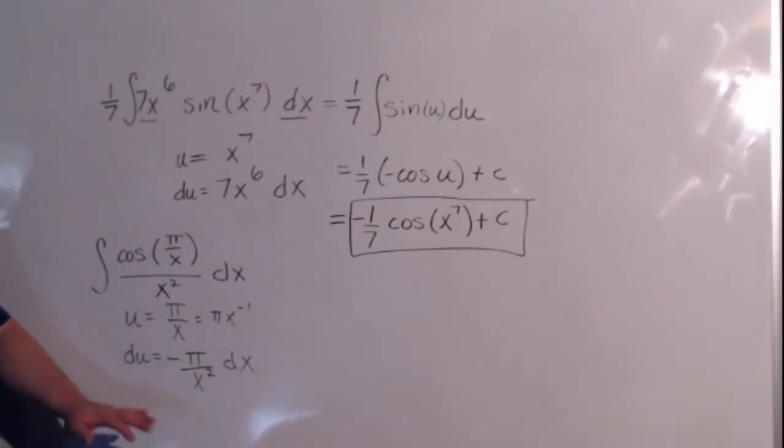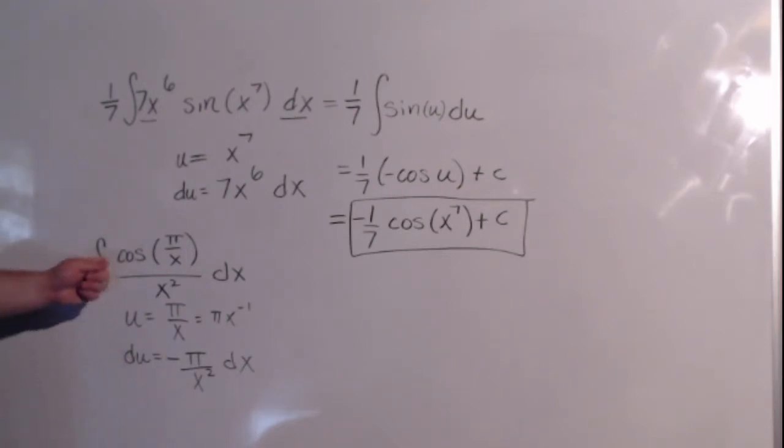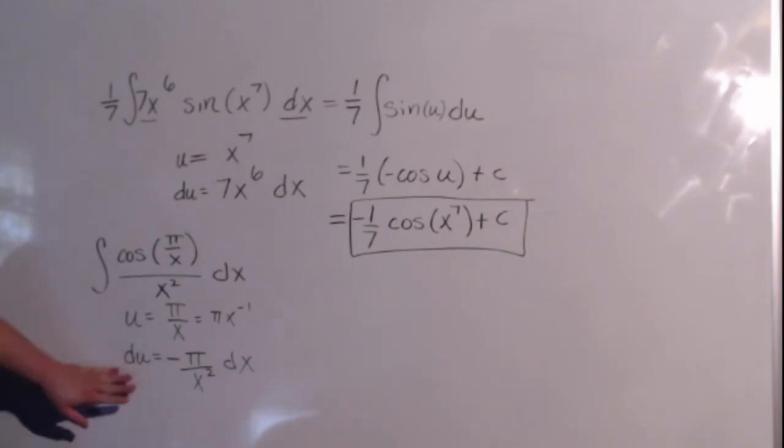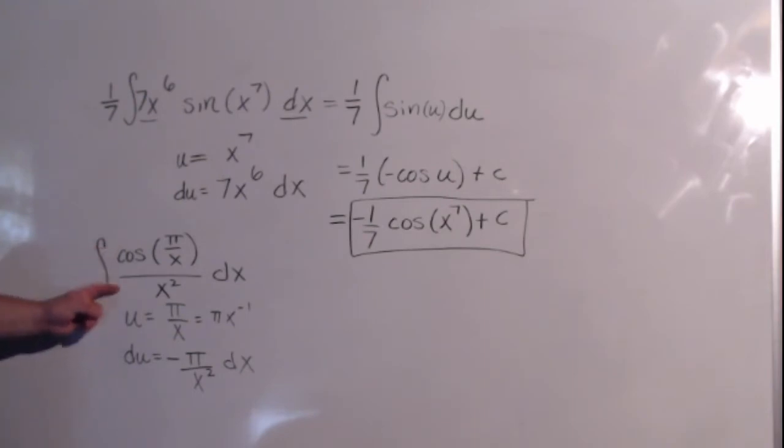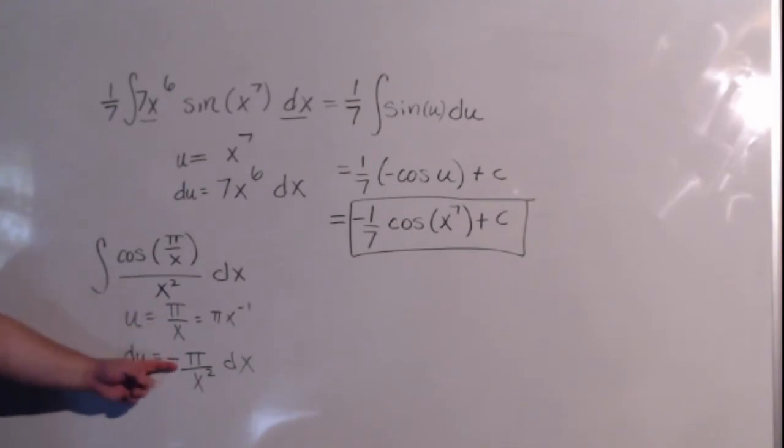So I'm allowed to introduce constants into the integral. But if I do that, I have to put their reciprocals outside. So I'm going to have to do that again here, because my derivative is minus pi over x squared. Well, I've got 1 over x squared here, but I am missing a negative pi.